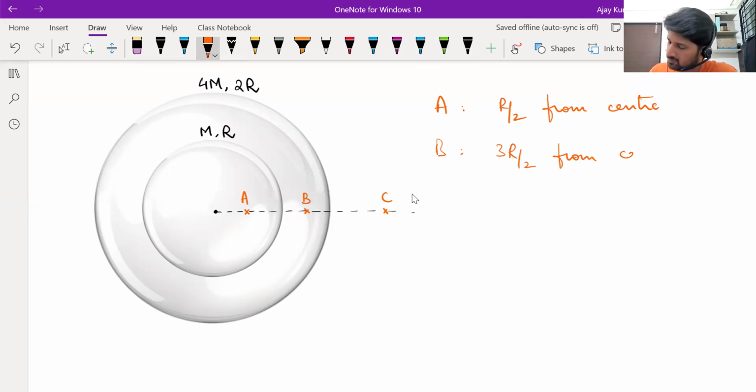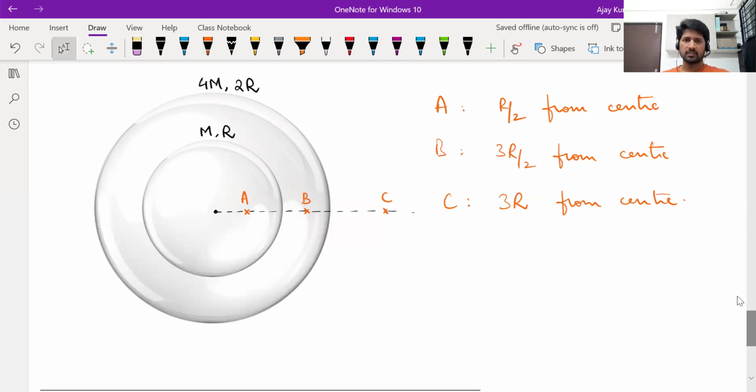So you can see B is outside the first sphere but inside the second sphere. And C is outside both of them. Let's say it is at a distance 3r from the center. So you all need to find out the net gravitational field produced by both the hollow spheres at these points A, B, and C.